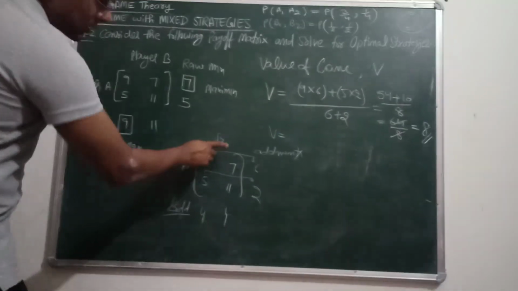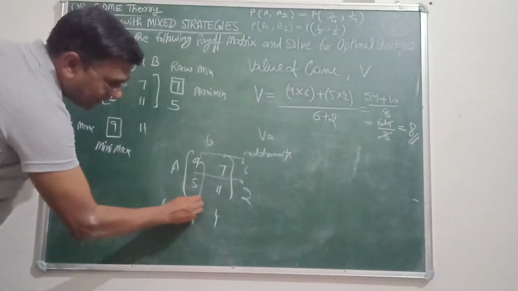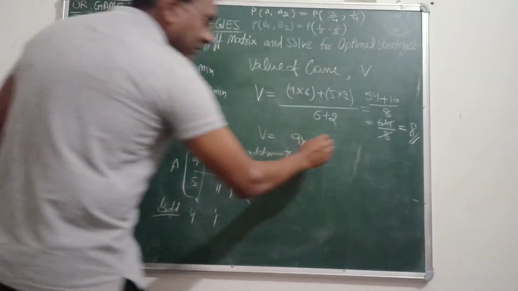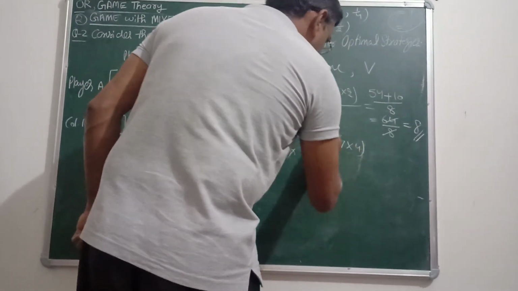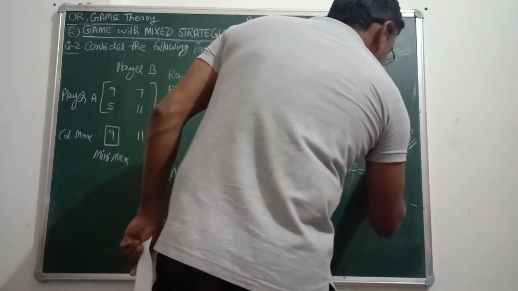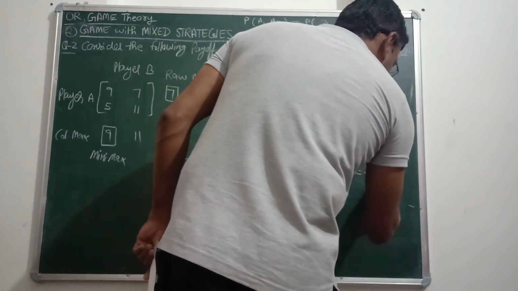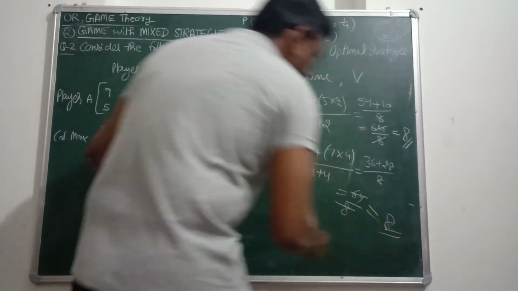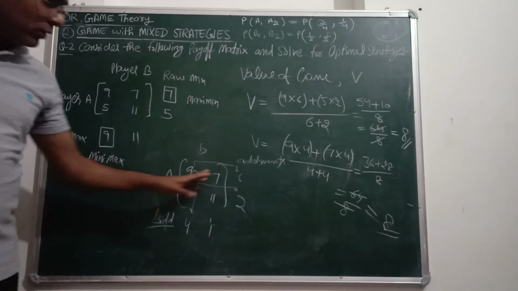Suppose this is 9 multiplied by 4 and 7 multiplied by 4, and the sum of oddments is 4 plus 4. You will see that 36 plus 28 upon 8 is again 64 by 8, which is equal to 8. Now all 4 values will be equal.